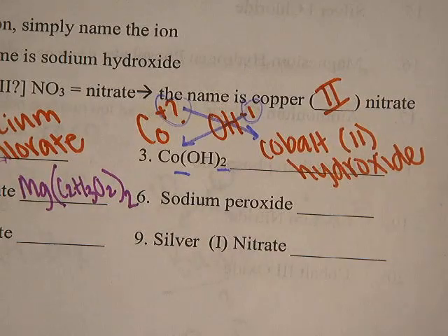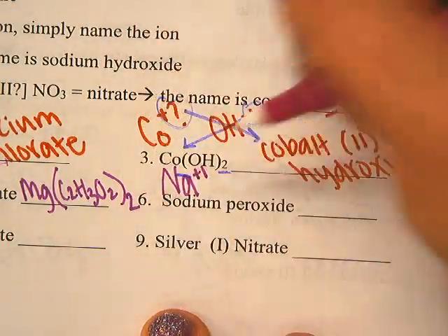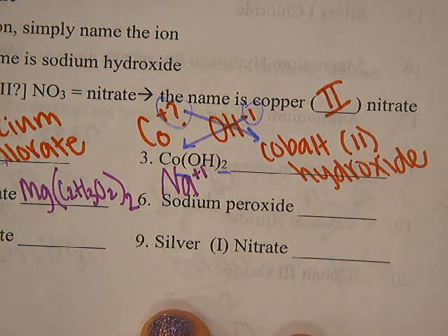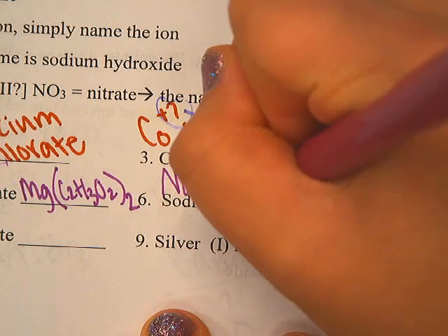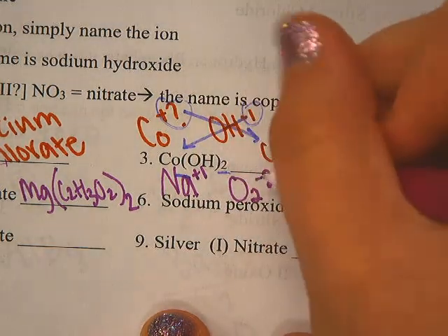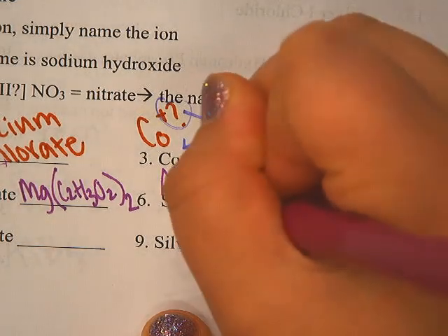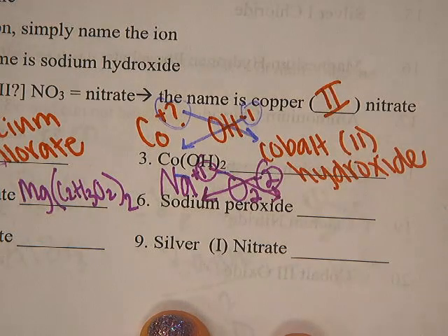Sodium peroxide is kind of a special case where sodium has a +1 charge, according to our periodic table, and then peroxide is a polyatomic ion that's O2 with a -2 charge. So when you crisscross this, that 2 becomes the subscript for sodium, and this 1 just won't show up on peroxide.